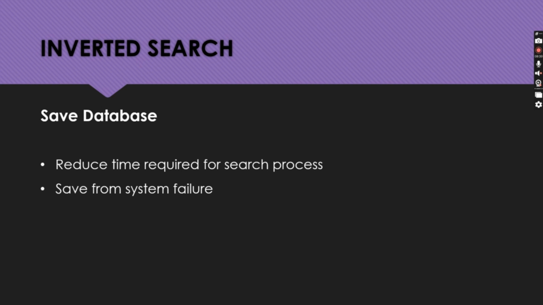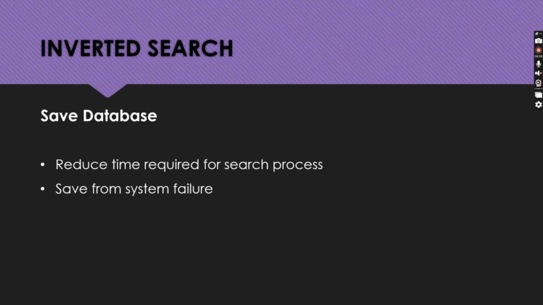Then the last operation is save database. It is used to reduce the time required for the search process. If we save a database, it will reduce the time for searching. If you want to search a word, it will not take as much time as when we search without saving.